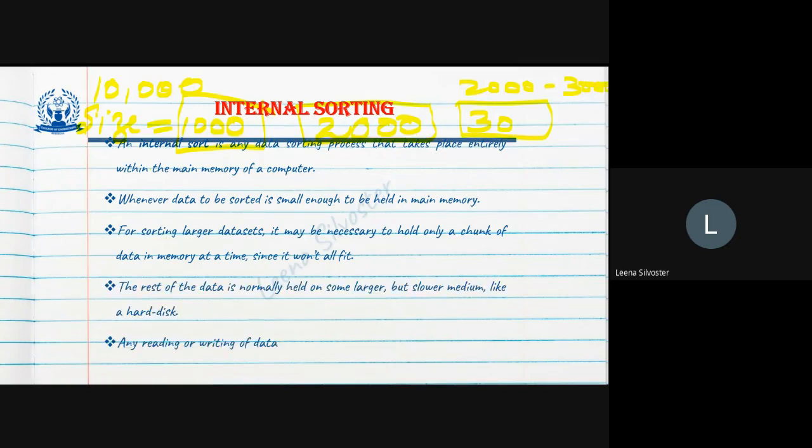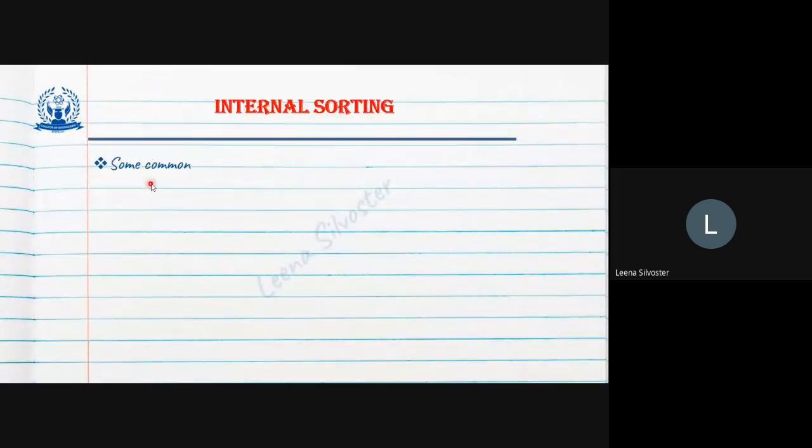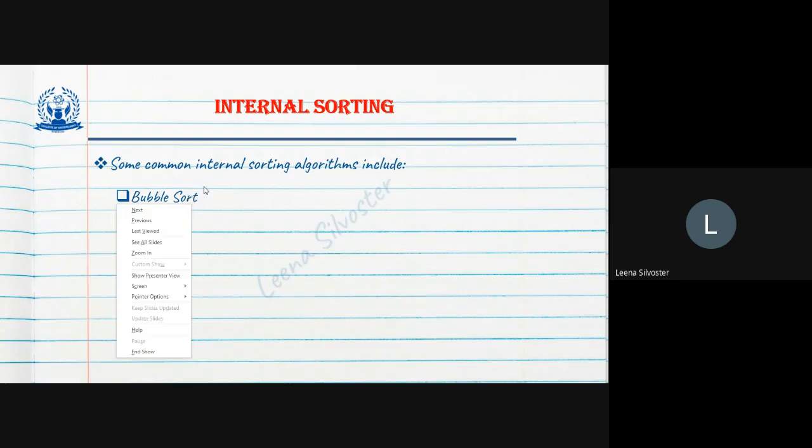Any reading or writing of data to and from this slower media can slow this sorting process. Some common internal sorting algorithms include bubble sort. Did you study bubble sort in the smaller classes?